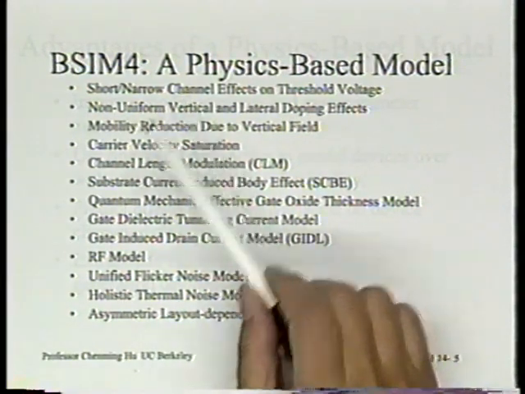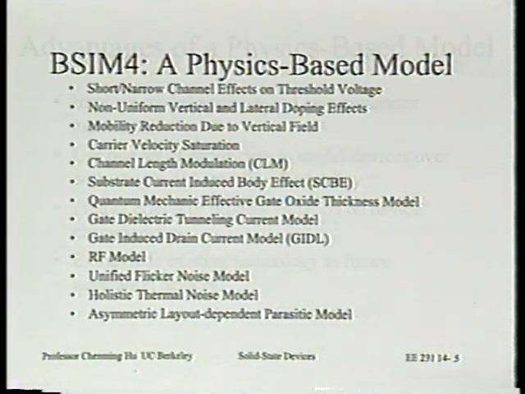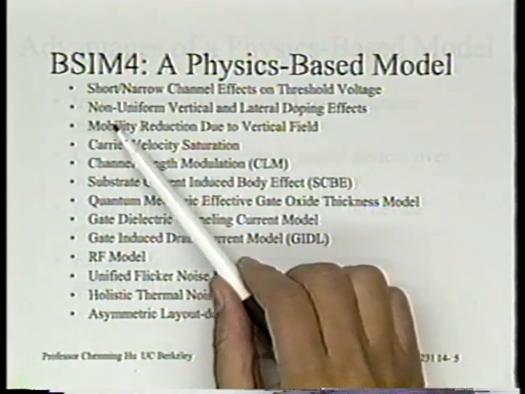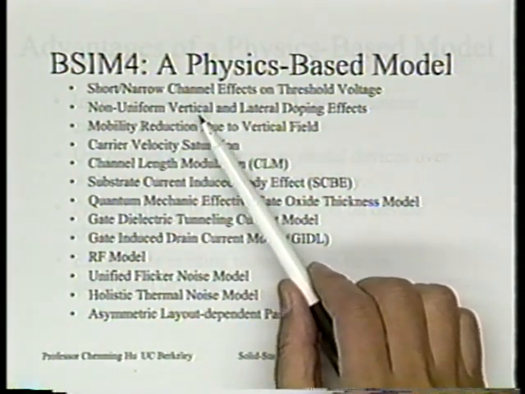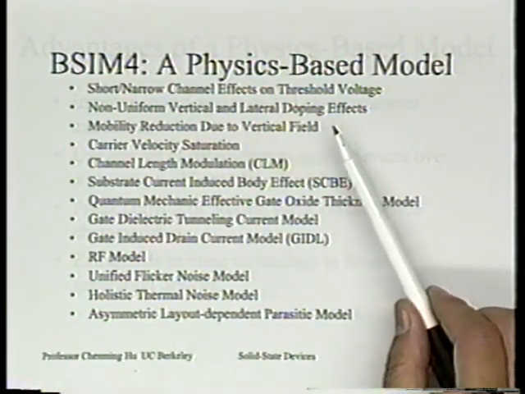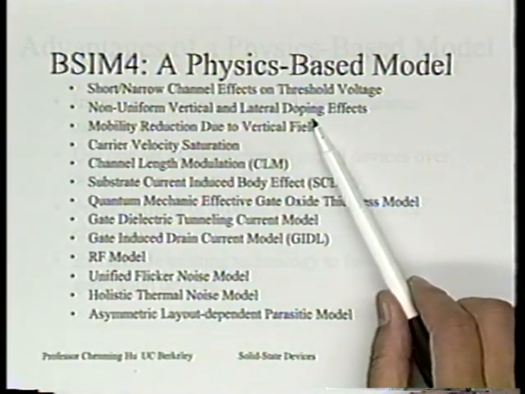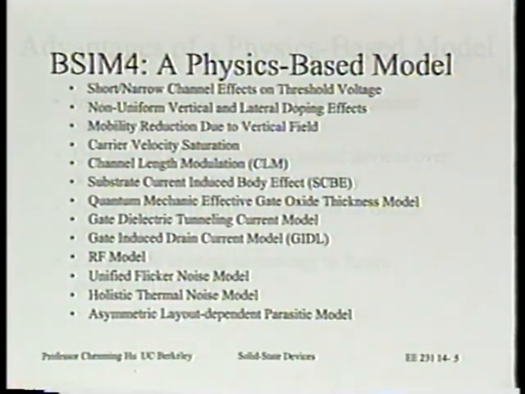Short channel as well as narrow channel. Do you recall what they are about? Short channel and narrow channel, right? Okay. Both the normal short channel and the reverse short channel have to be included, right? The non-uniform vertical doping and lateral doping effects, right? Non-uniform lateral doping is believed to be responsible for the reverse short channel effect, for example, right?